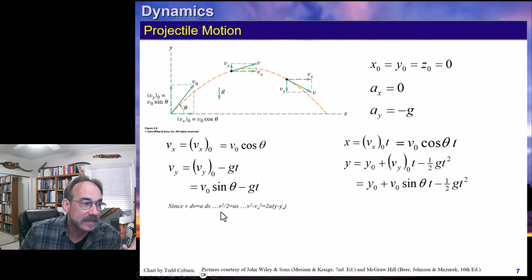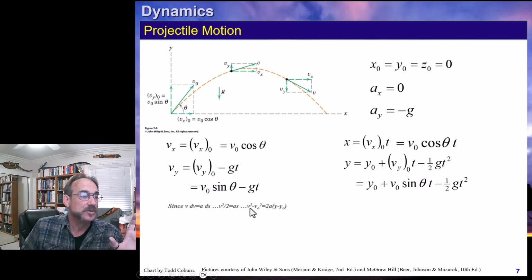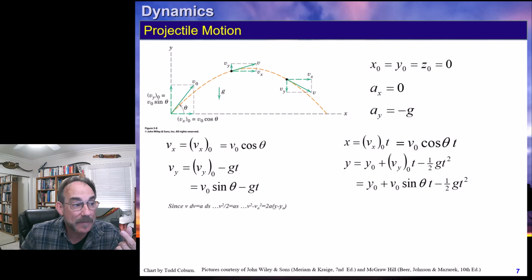When we integrate this, we end up with 1/2 v squared equals a s, which we can now write across the limits, right? v squared minus v0 squared equals 2a delta s, which is just y minus y0.